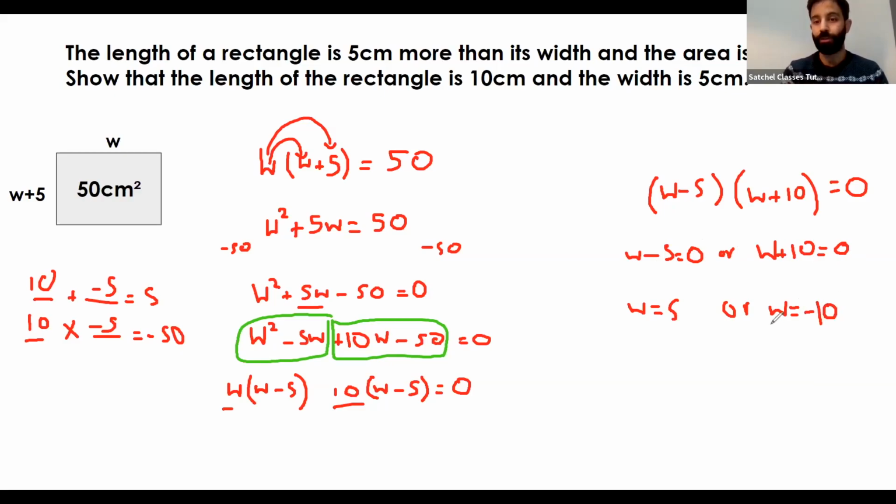Now we've got two values for w. However, we're dealing with length, and we can't have a negative length, so this can't be the value of w. However, this w here is a positive value, so we can substitute this in place of w. And if we do that, we would get the width will be equal to 5, and the length will be 5 plus 5, which equals 10.